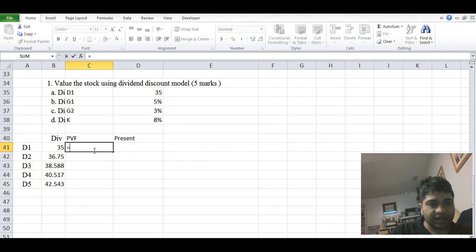Present value factor, initially it is 1 divided by 1 plus the discount rate. The discount rate is 8%, so 1 plus 8%. Next year it is simply the previous year's factor divided by 1 plus the discount rate.